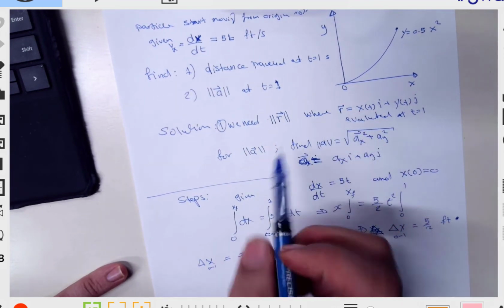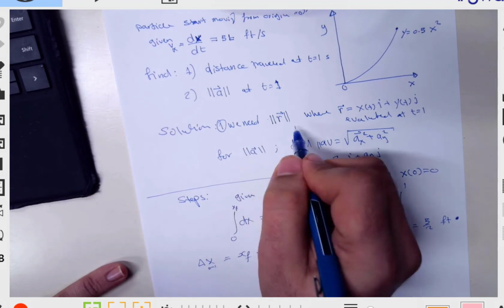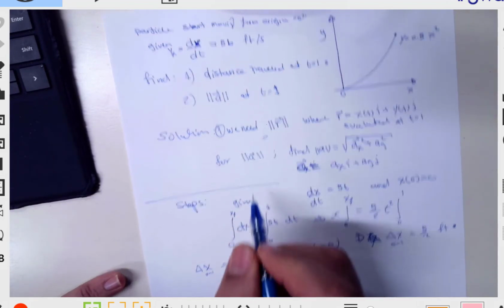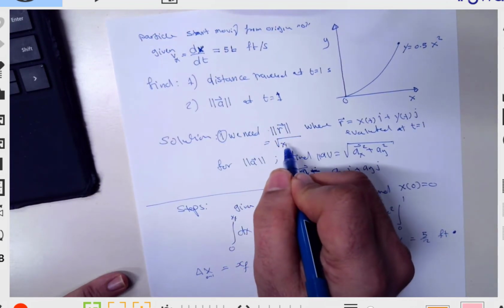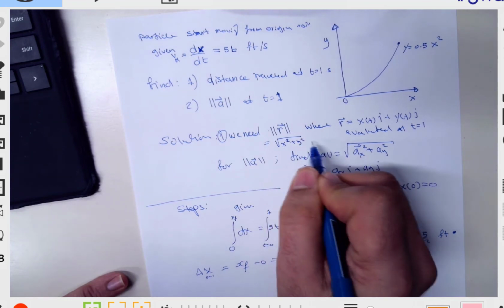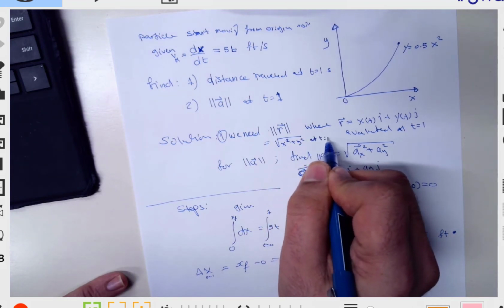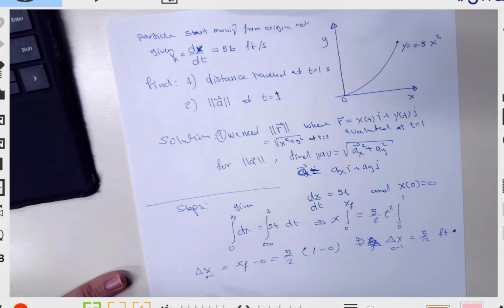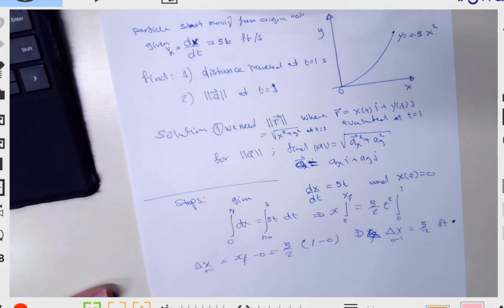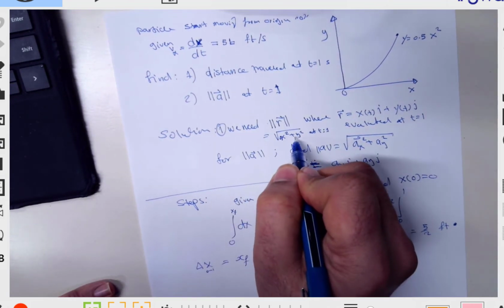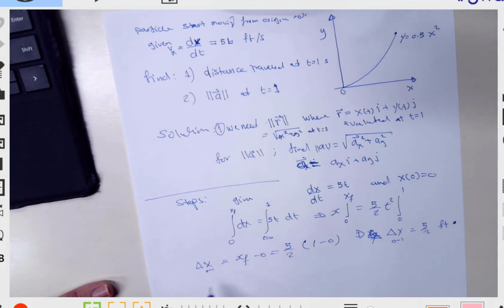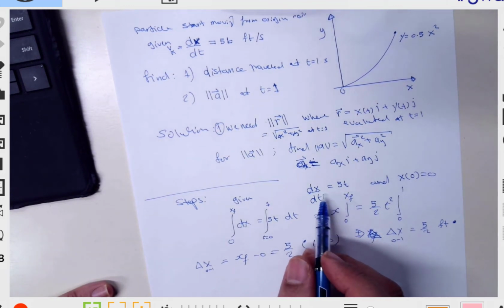So in fact, this is equal to the square root of x squared plus y squared evaluated at time equal to 1. We already have this one, so this is the distance traveled. Alright, so let's see what we can do with the acceleration.